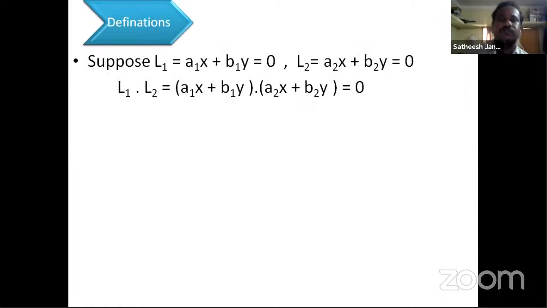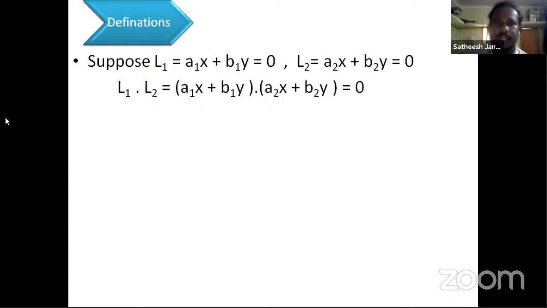Suppose L1 is equal to a1x plus b1y is equal to 0 and L2 is equal to a2x plus b2y is equal to 0. First of all, observe the two lines. There is no constant involved in these two equations.